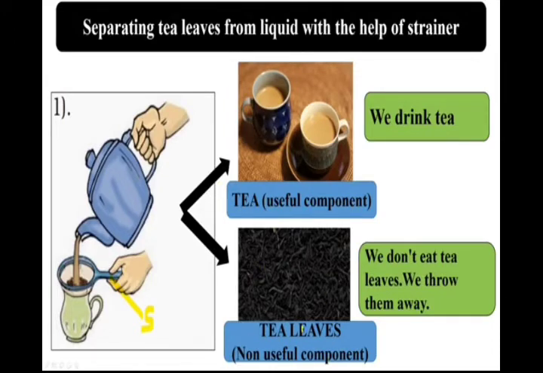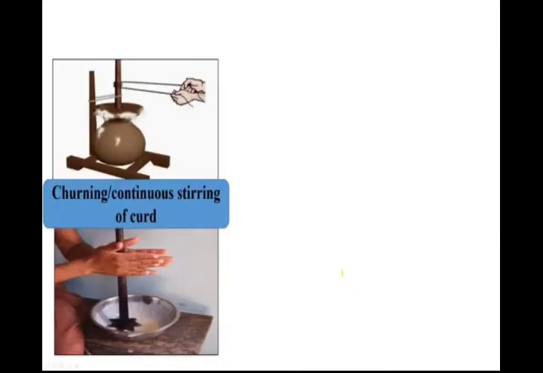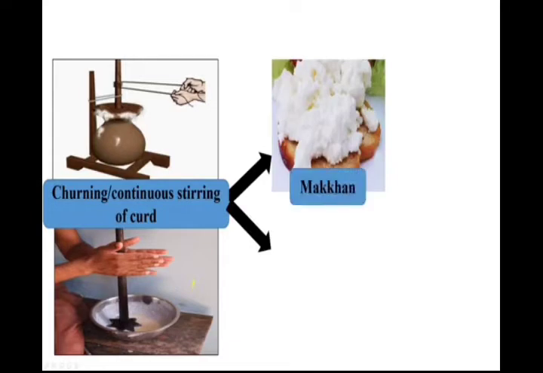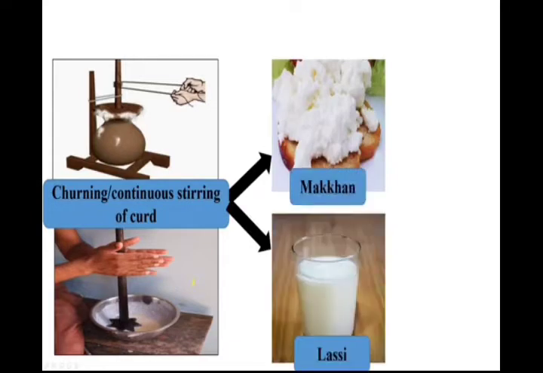Coming to the other examples, can you say some other examples at home? Yes, you can see churning machines here. What is churning? After continuous stirring, your mother separates useful components from the curd, like butter and lassi. Makhan means butter.